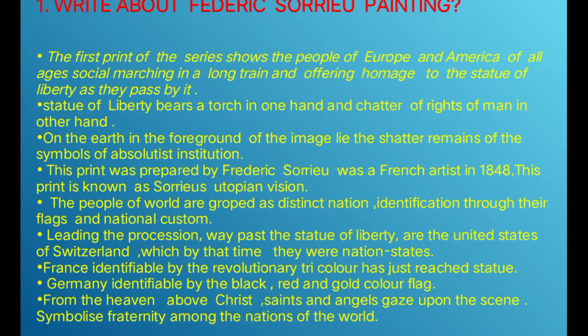The identification is through the torch, through the charter, and in the heavens above, Lord Jesus Christ and many angels are gazing at this statue and the procession of the people.